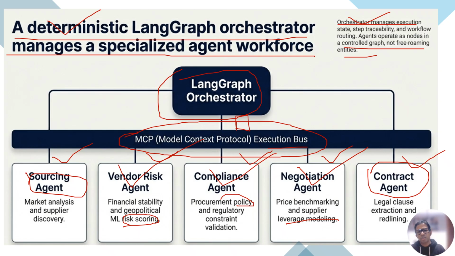Now let me summarize what this slide is really saying. See, MCP bus, orchestration. So orchestrator controls workflow, execution bus controls tool access, agents do specialized work. All these 3 are doing their own task.